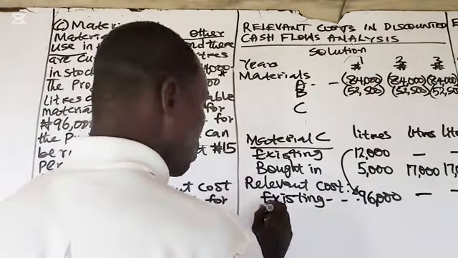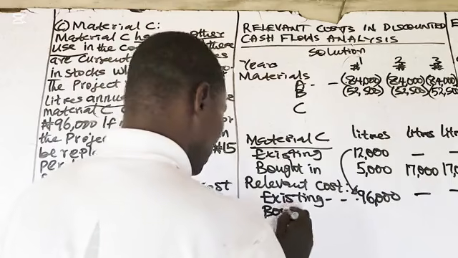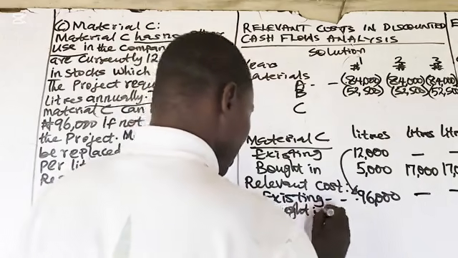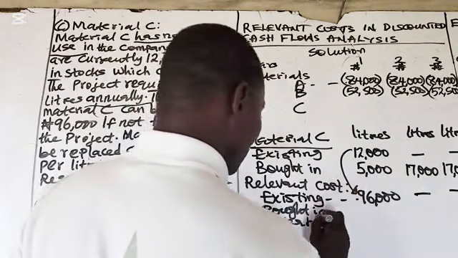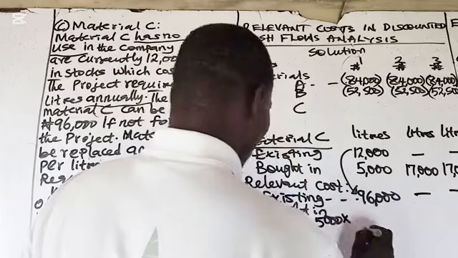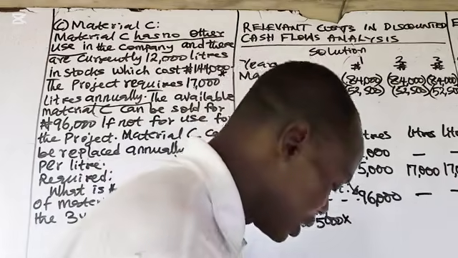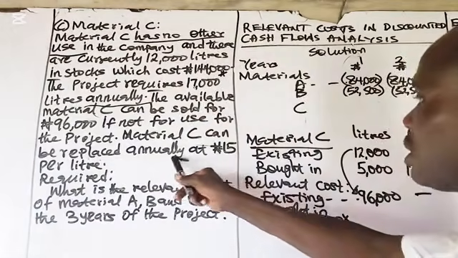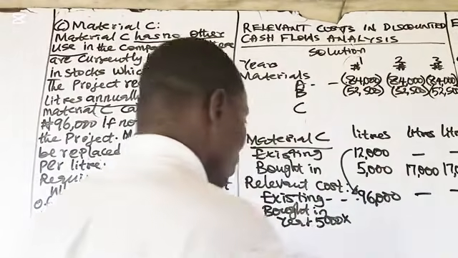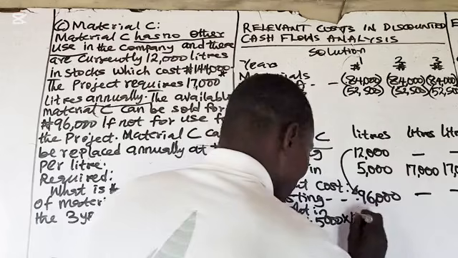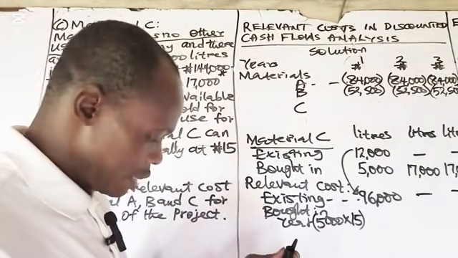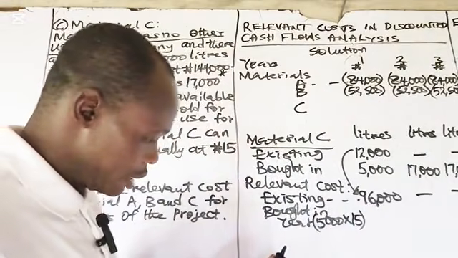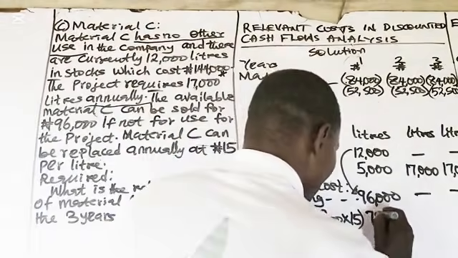Then the rest will be bought in. So in year 1, you will buy 5,000, at the current replacement price, which is 15 naira. So 5,000 times 15 gives us 75,000.